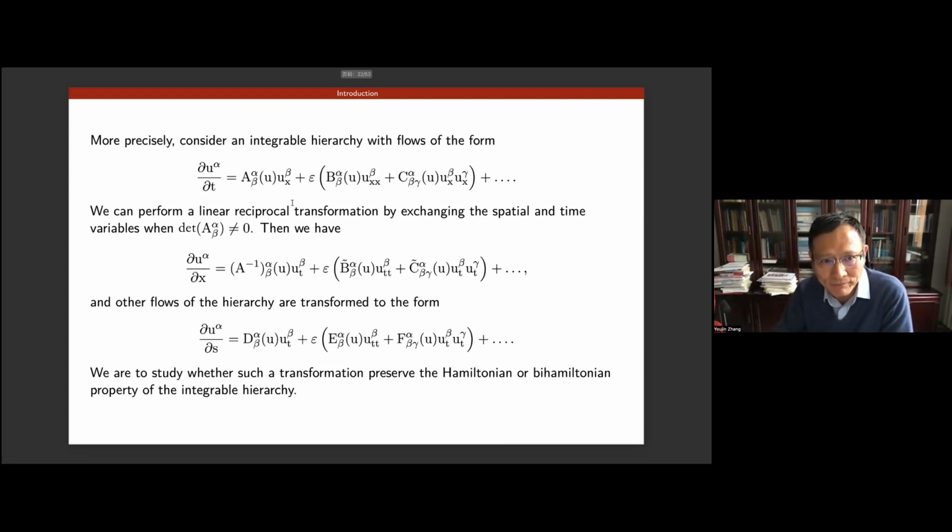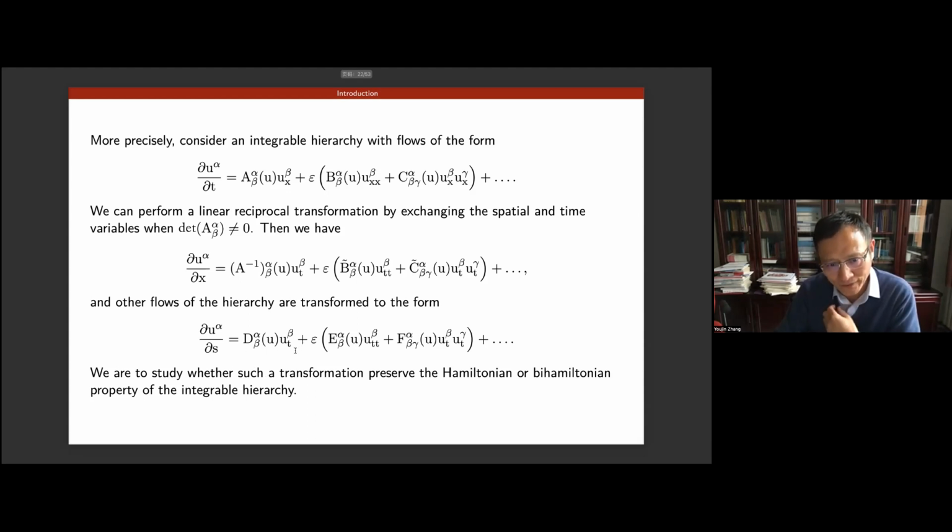We can perform this linear reciprocal transformation if the leading term matrix is non-degenerate, and we can represent u_x in terms of u_t to obtain such a system. Because we are in an integrable hierarchy, we have different flows, so the other flows can also be written in this form.